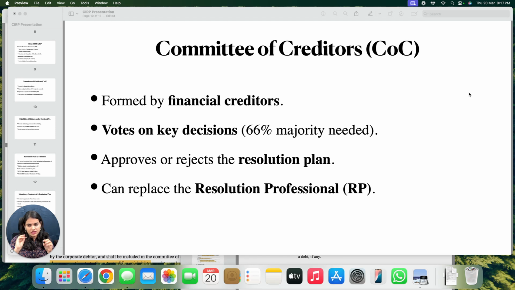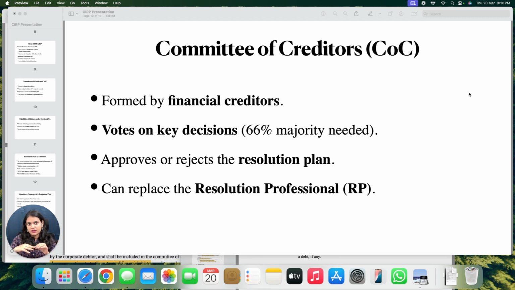Supposing about 25% of the class of creditors are for withdrawal and 75% are against withdrawal, the authorized representative will vote individually to that extent: 25% for the withdrawal motion and 75% against the withdrawal motion.